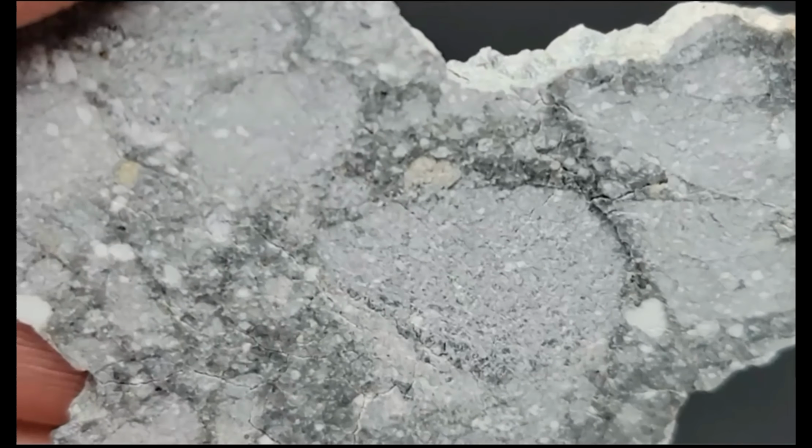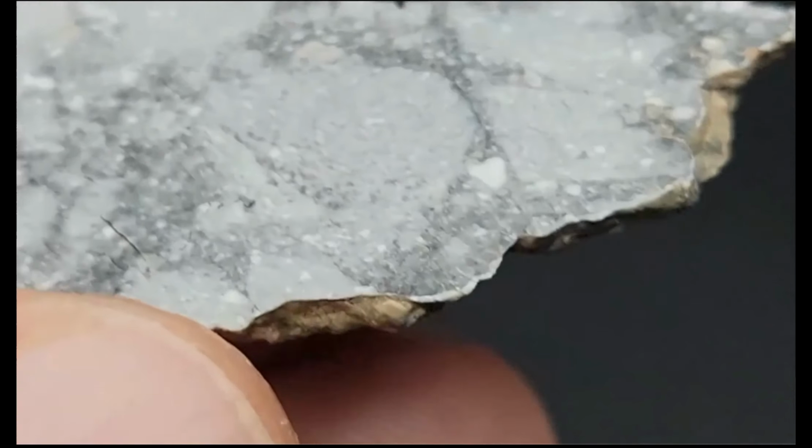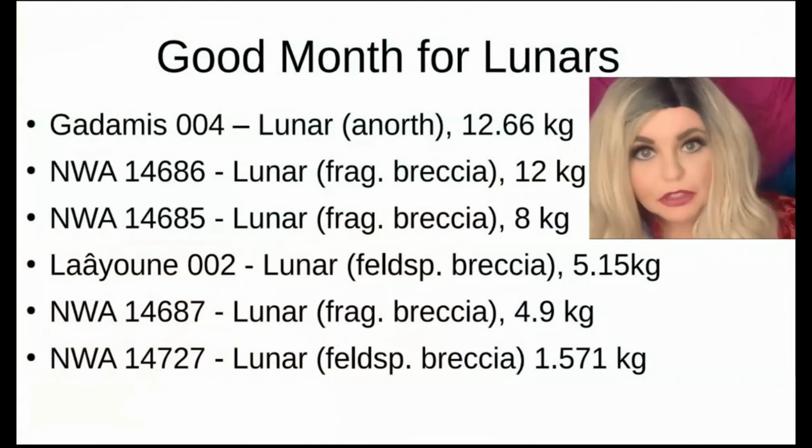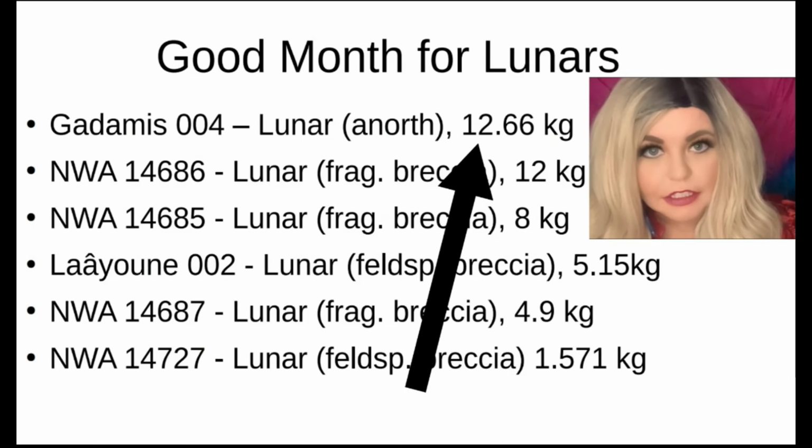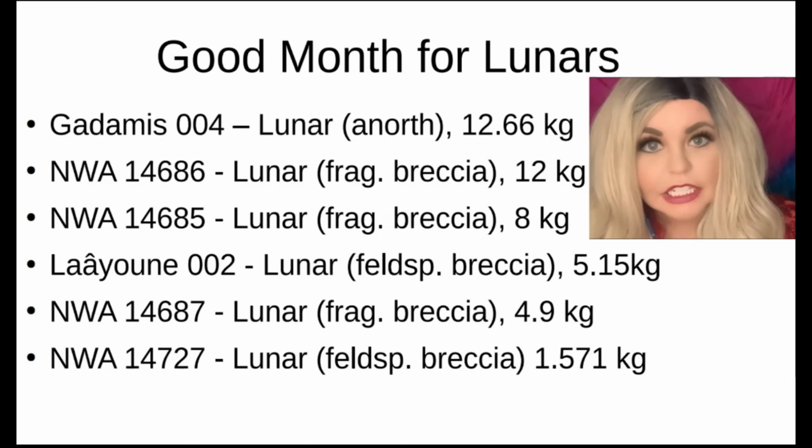Then all of a sudden, there was another meteorite classified that was actually triple the amount of Gadamus 004. It's up near 39 kilograms, with Gadamus only being 12 kilograms, but still a pretty significant find. And it is the largest lunar classification for the country of Libya.